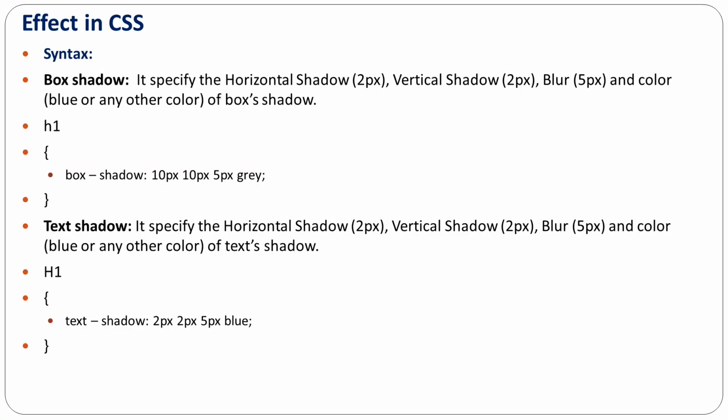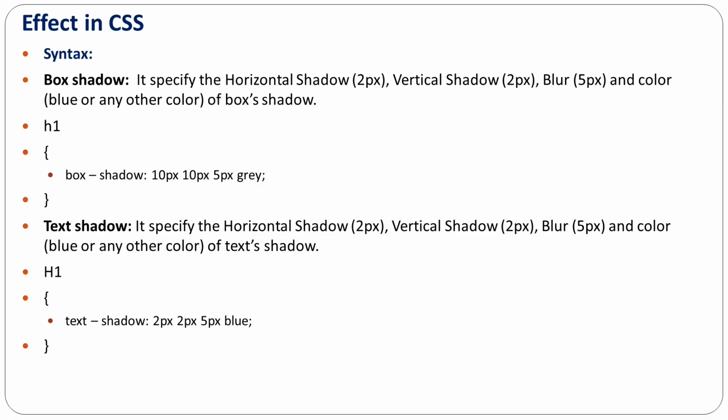The syntax to write a box shadow and text shadow is very simple. For box shadow, it specifies the horizontal shadow, vertical shadow, blur and color of the box shadow. That means in total we need to specify 4 parameters: horizontal shadow, vertical shadow, blur and color, blue or any other color of the box shadow.